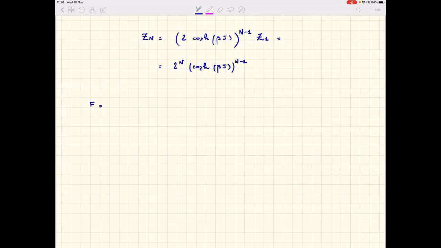The free energy, which is minus 1 over beta log of z, is therefore equal to minus kBT log of 2 to the n times cosine hyperbolic beta j to the power n minus 1.